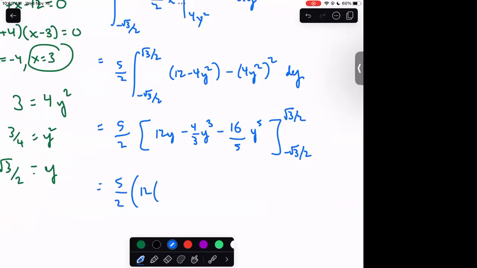So my final answer would look like this. I would deal with them term by term. So first, for the 12y, I would do root 3 over 2 minus a negative root 3 over 2.